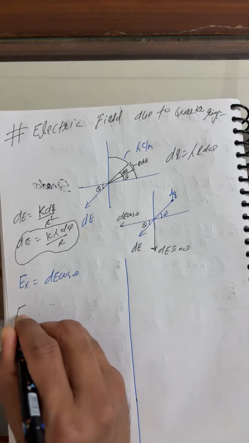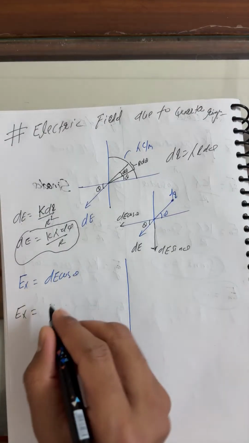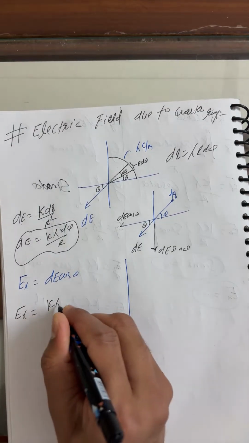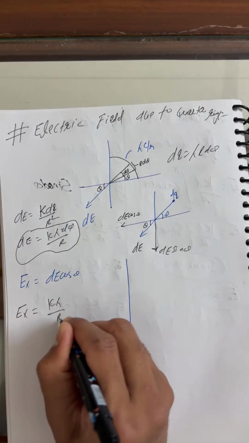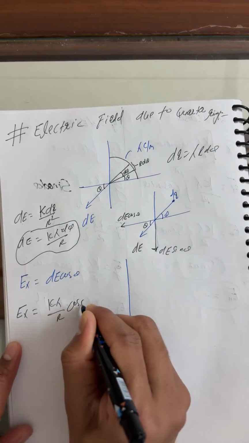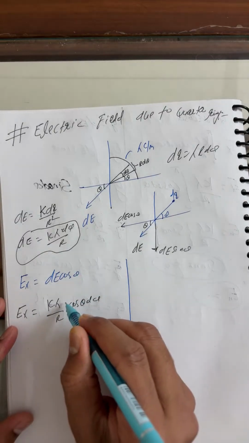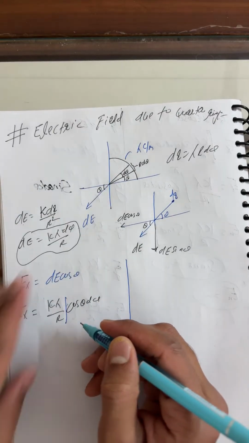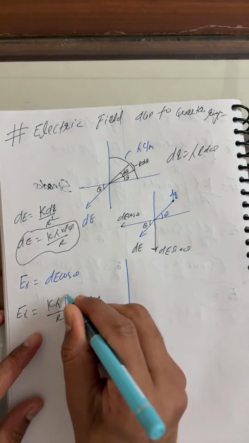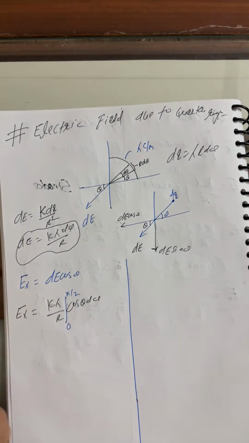So this is dE. So Ex is k lambda upon r times cos theta dθ. Limit you can apply, my dear, 0 to pi by 2.